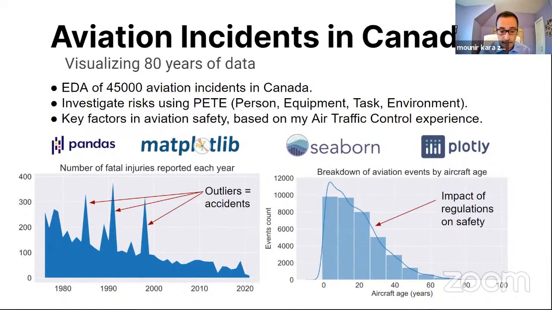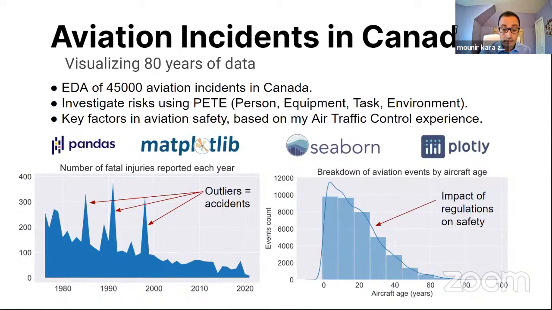The first one was an exploratory data analysis on aviation incidents in Canada. This topic is so important in my daily tasks, and using data manipulation and analysis tools like Pandas, Matplotlib, and Seaborn, I studied a data set from the Canadian Ministry of Transportation.